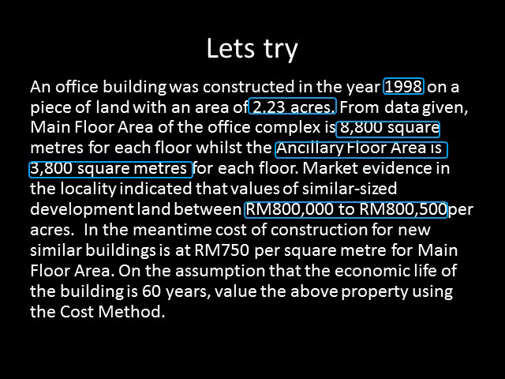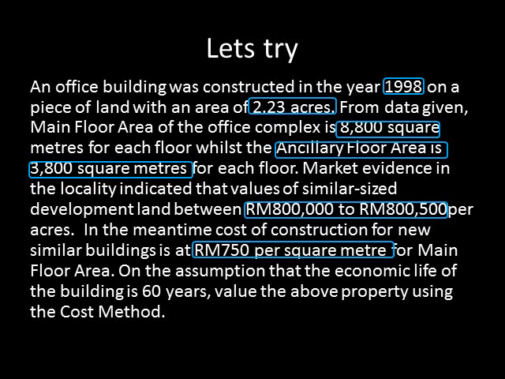In the meantime, the cost of construction for a new similar building is 750 ringgit per square meter. So this we are going to use to value the building. This is the cost for MFA.